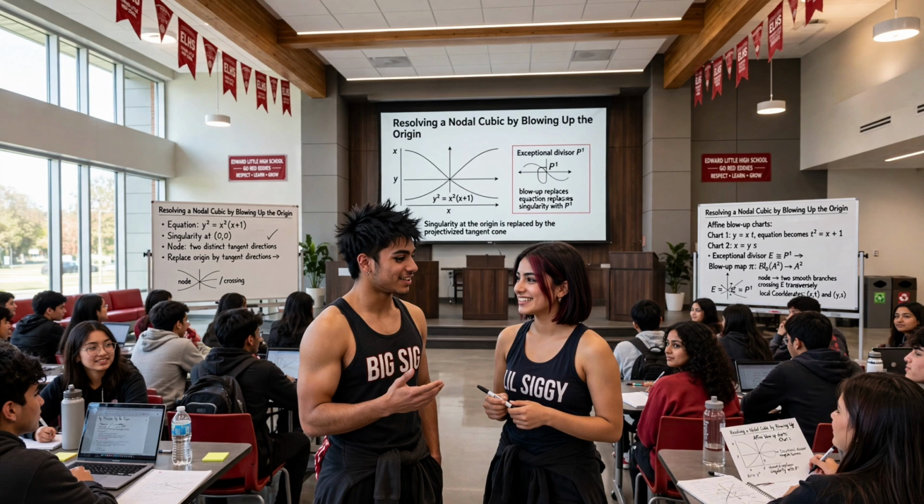Perfect. Now, it is crucial for our scholars to understand what the total transform actually represents geometrically. Okay, let's break that down. When we perform this substitution, we didn't just passively move our original curve into a new space. Yeah. We actually generated an equation that describes two distinct geometric objects glued together. Right, it's basic logic.